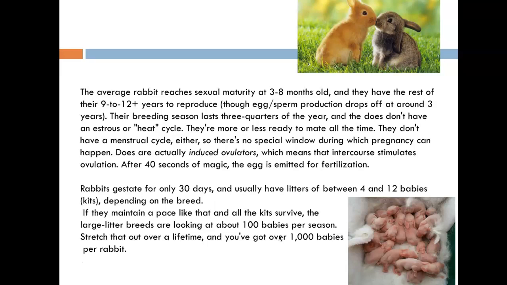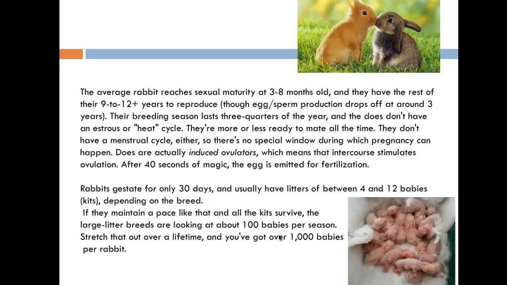So there's nothing that a man can do to induce her to ovulate. He basically has to catch her at just the right time. With rabbits, it's different because when they have intercourse, that induces her to ovulate, and it can happen at any time, which is pretty cool. So after 40 seconds, the egg is emitted for fertilization, and she is going to be pregnant with usually between 4 to 12 babies.